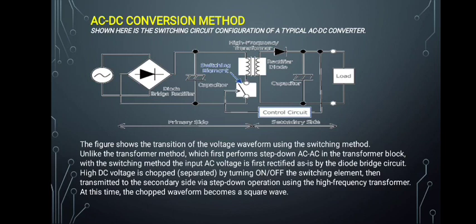High DC voltage is chopped or separated by turning on and off the switching element, then transmitted to the secondary side via step-down operation using a high-frequency transformer. At this time, the chopped waveform becomes a square wave.